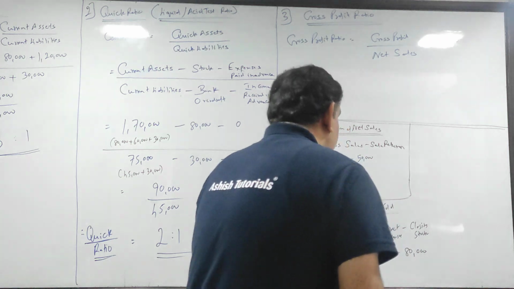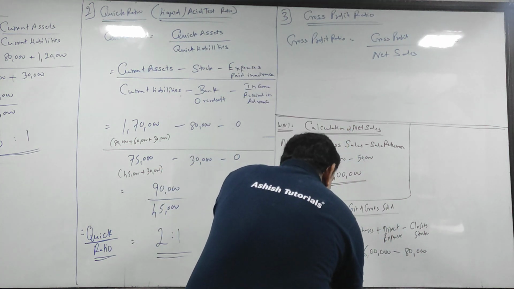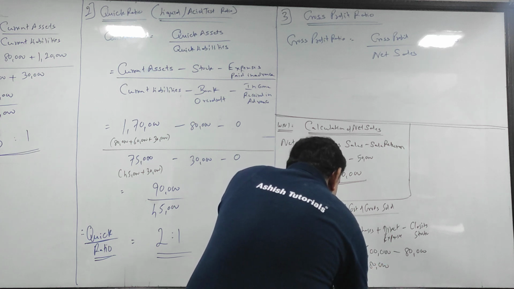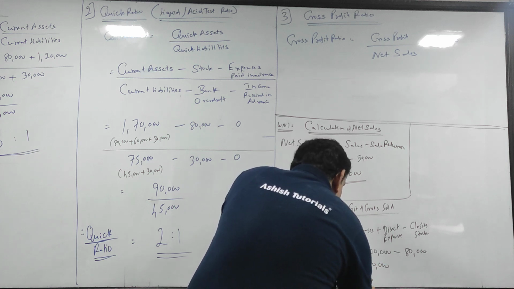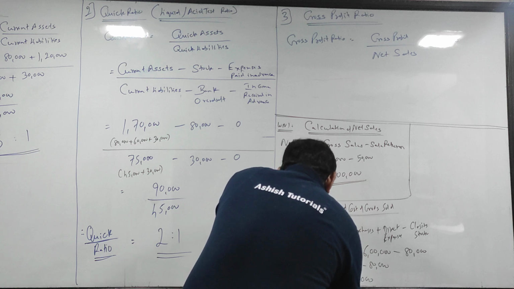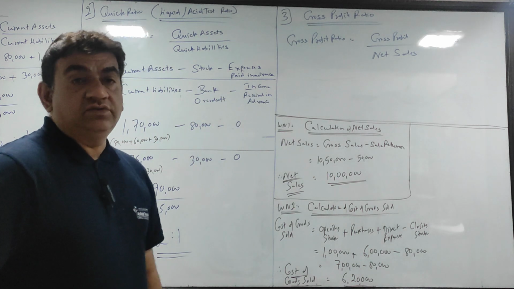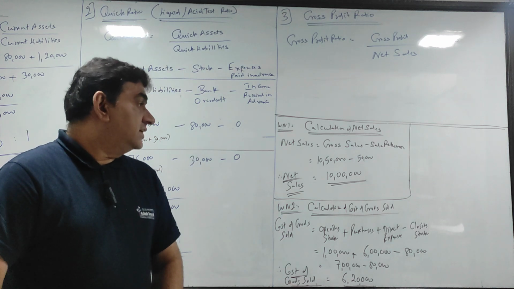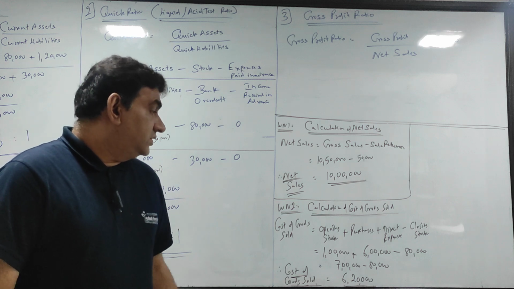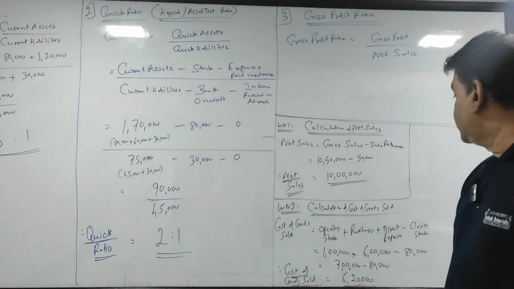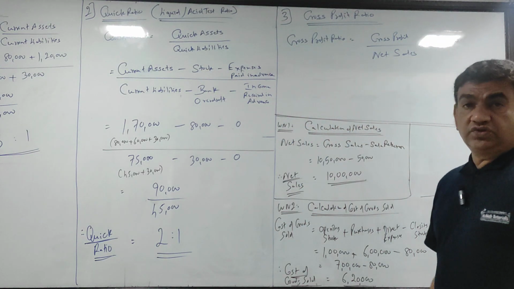So 6 lakhs plus 1 lakh, 7 lakhs. 7 lakh minus 80,000 is equal to 6,20,000. So my cost of goods sold is 6,20,000.